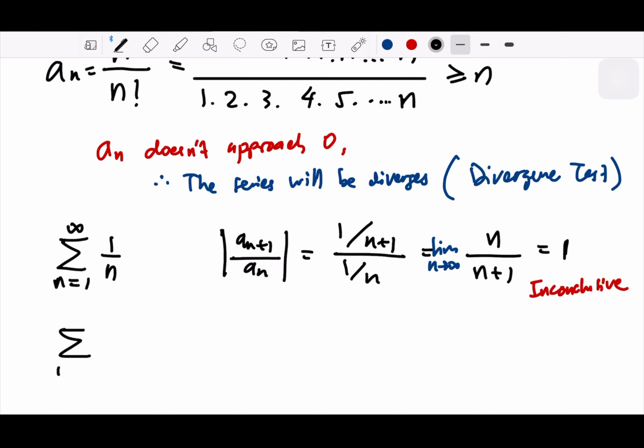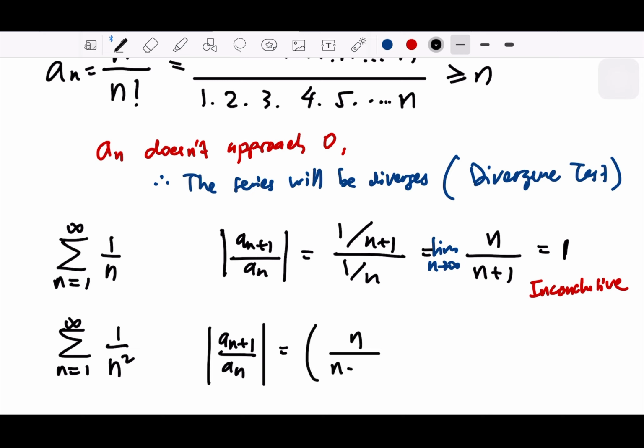Or if we have the p-series, 1 over n squared, similarly, we can take this ratio test and the conclusion will be n over n+1, squared, which is also equal to 1 if we take the limit. And this is also inconclusive.